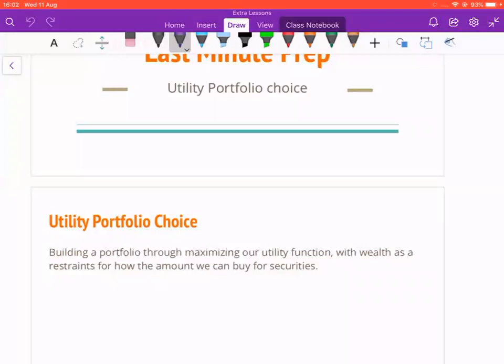So we are going to do a utility portfolio choice. No question. You can send me a private message if you want to ask.